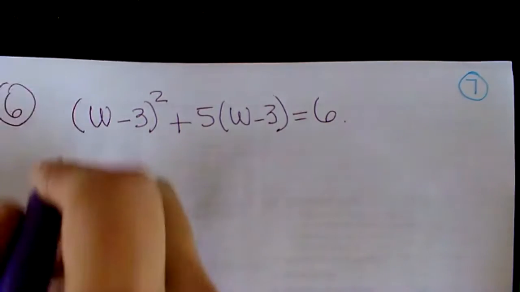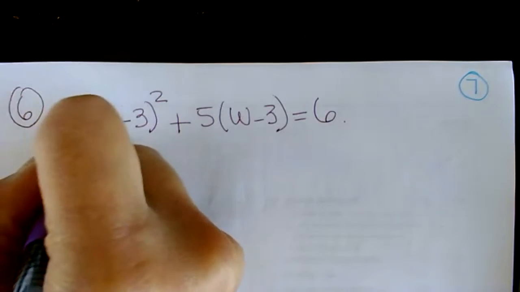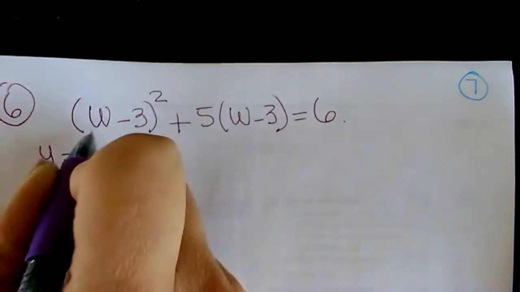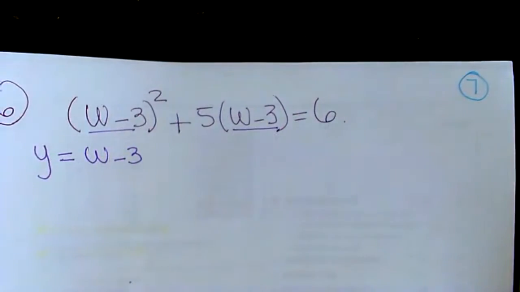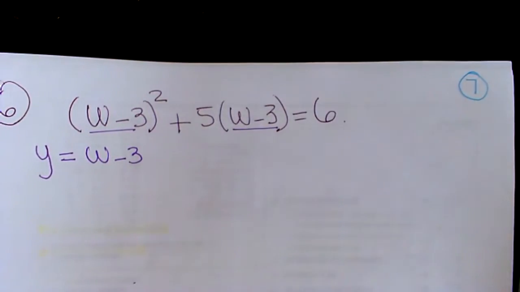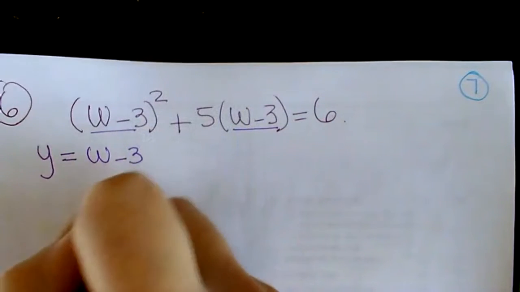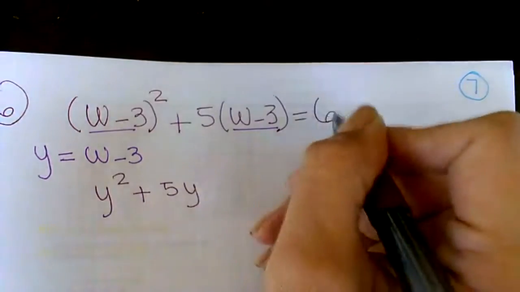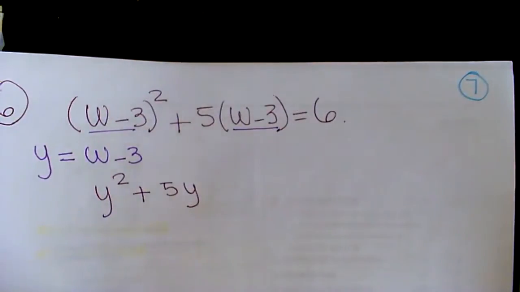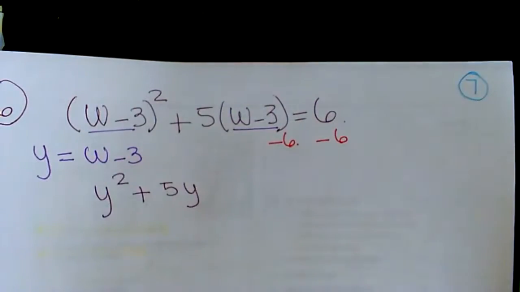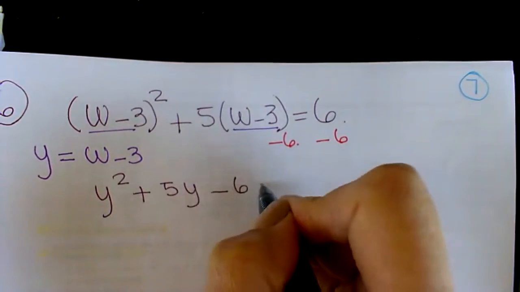All right, so then we're going to say that y is equal to w minus 3, right? Oh, and we need to move this 6 to this side too. I forgot. Okay, so we're going to have y squared plus 5y, and we're going to subtract this 6.